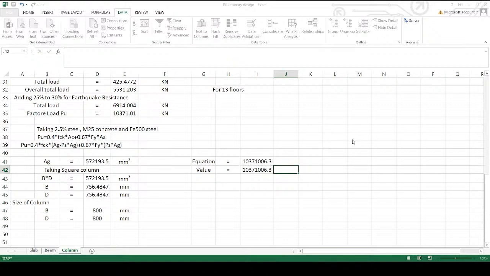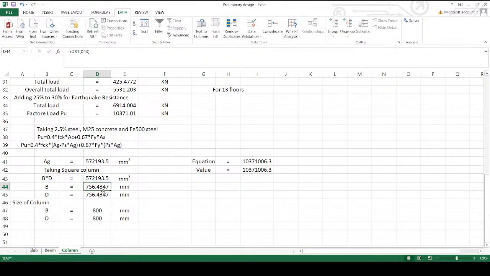Then you get this value. You press OK and you get the gross area, that is 572193.5, and B into D is equal to this area, and B is equal to the root of this.